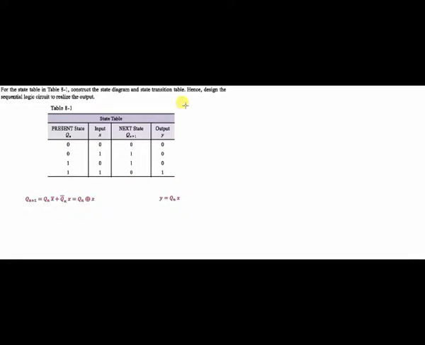Now we will see how to design the sequential logic circuit based on these two equations that we found from the K-map. We will design the sequential logic circuit based on the D flip-flop. So let's draw the D flip-flop first.